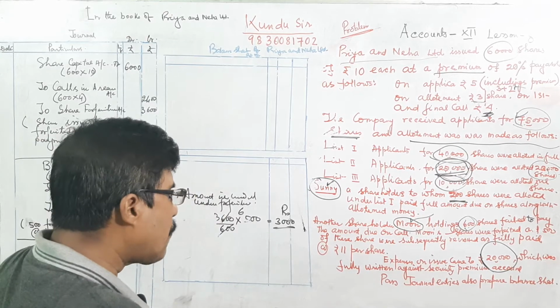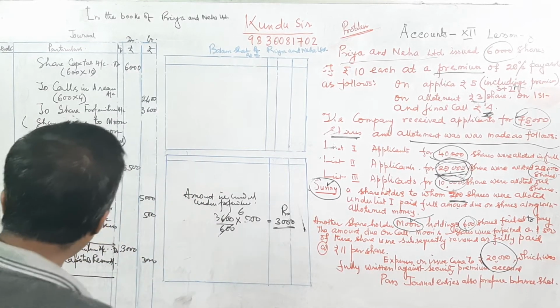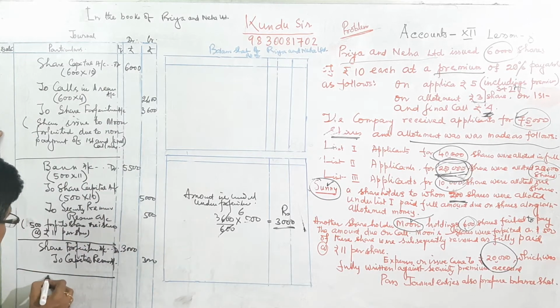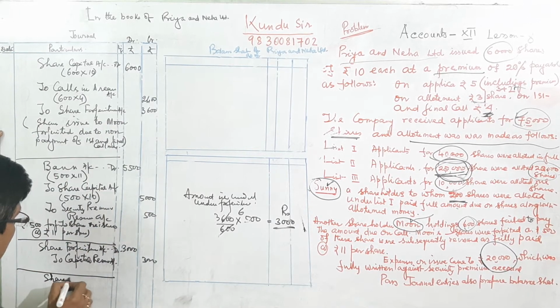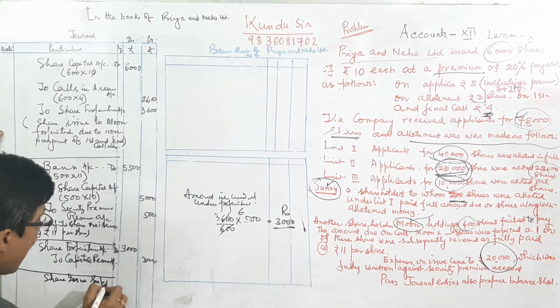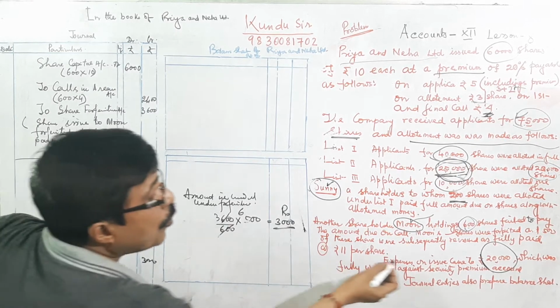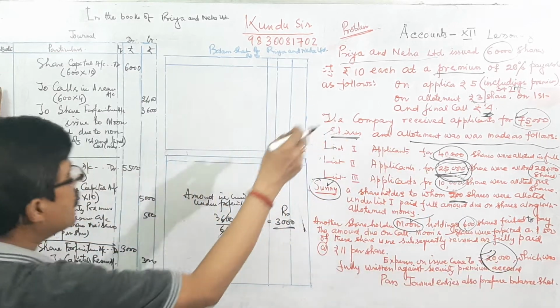First of all, we will incur the expenses. Share issue expenses account debit to bank. How much? It is 20,000 for the issue of the share.